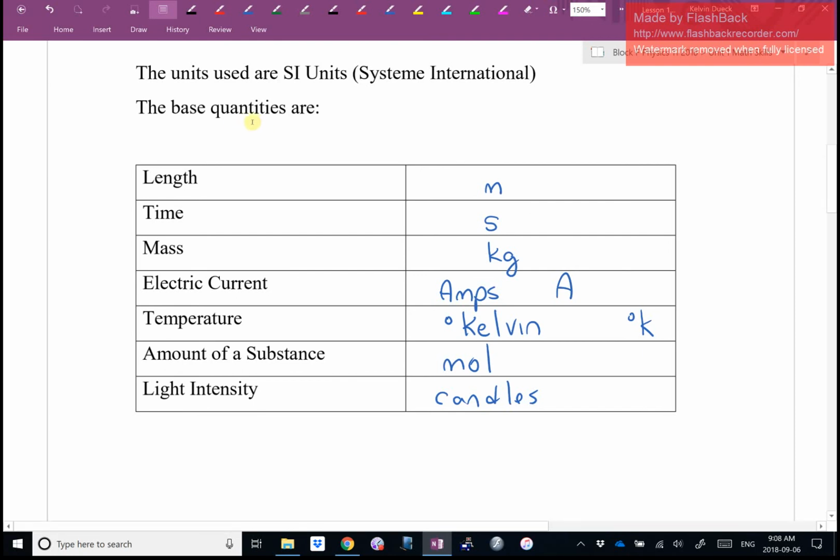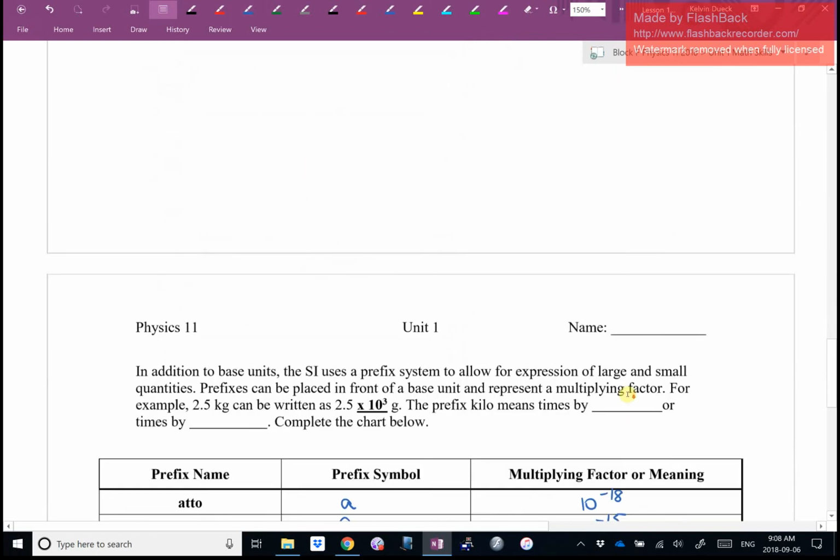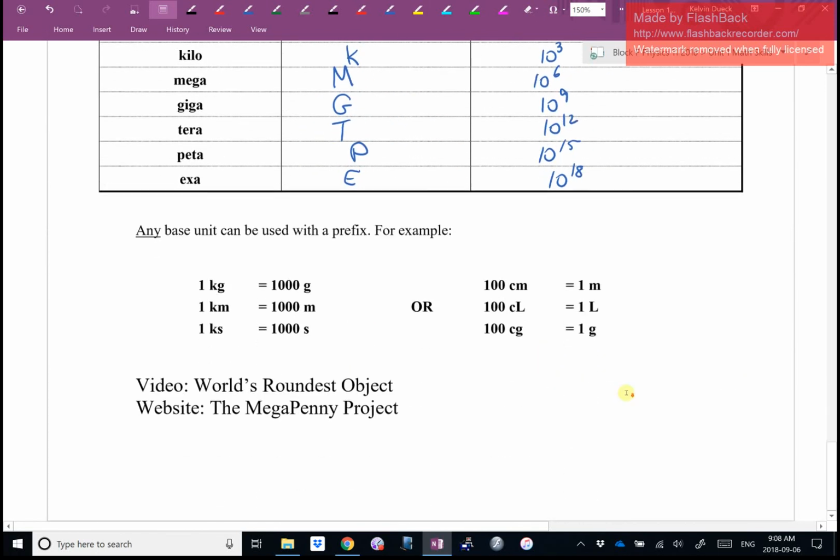Kilograms has a metric prefix. Meters doesn't. Seconds doesn't. Amps don't. Kelvins don't. Moles don't. Candles don't. Oh, by the way, if you want the abbreviation for candles, it's lowercase c, lowercase a, but I'm never going to ask you that. But if you're a nerd and you want to fill it in, you can. Why is that? How come? Put your pencils down, look up.